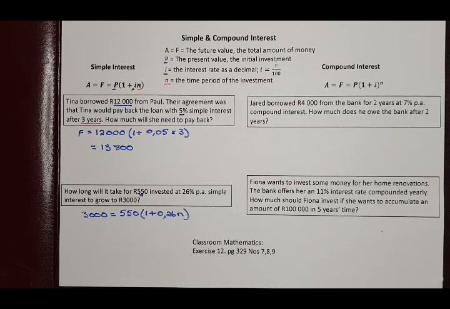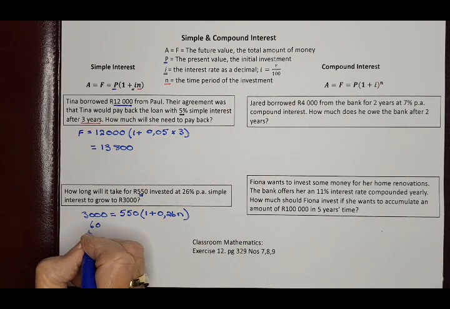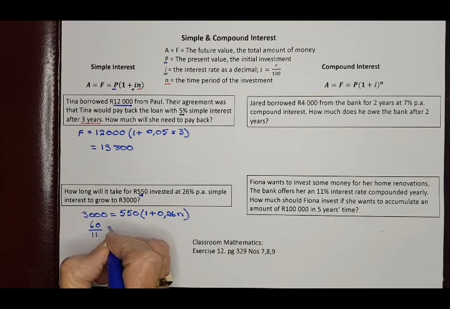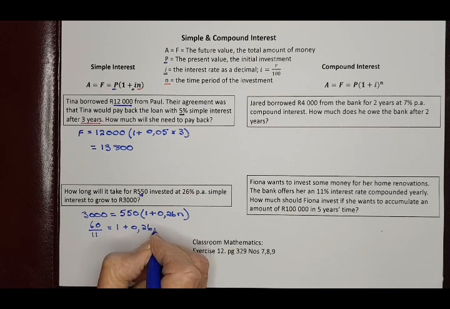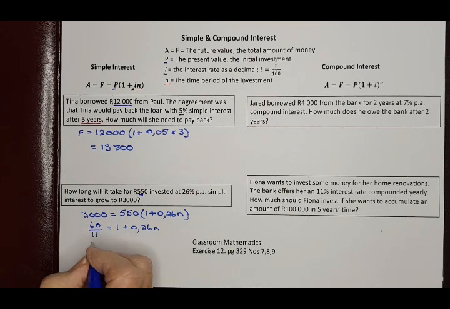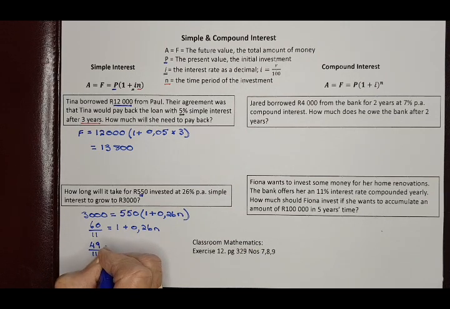I'm going to divide both sides by that 550, so 3,000 divided by 550 is going to give me 60 over 11 is equal to 1 plus 0,26n. Subtract 1 from both sides, so 49 over 11 is going to equal 0,26n.